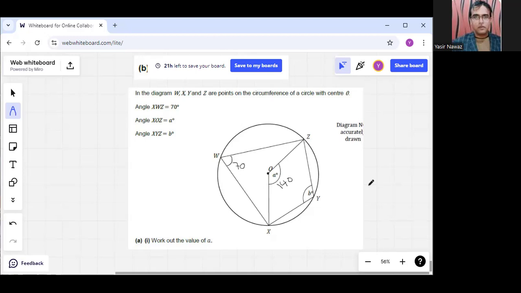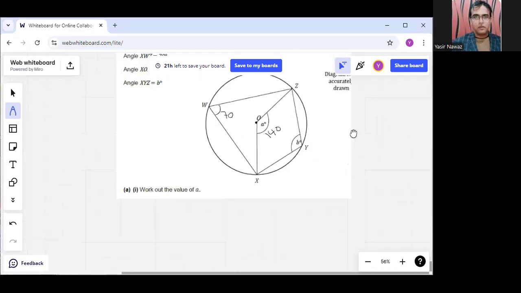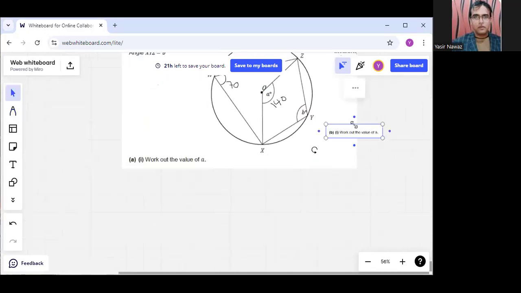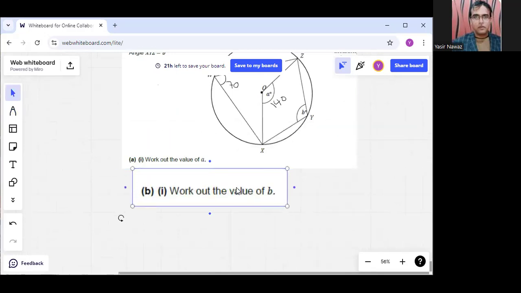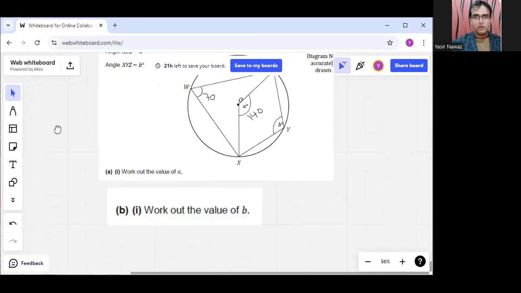And then the next question says, work out the value of B.